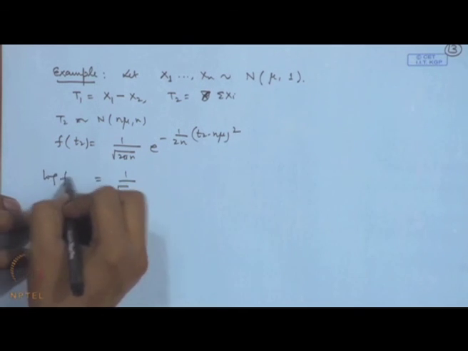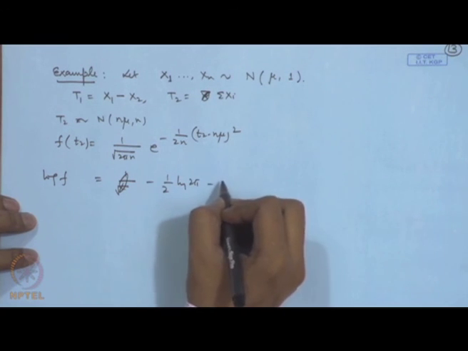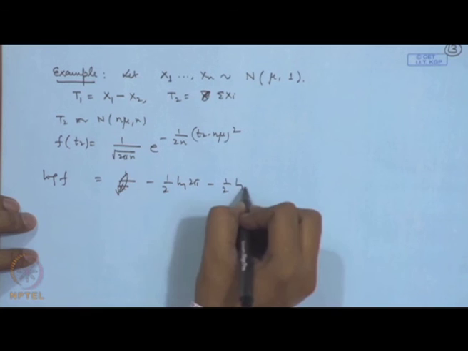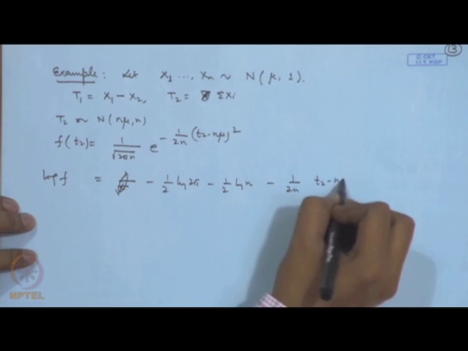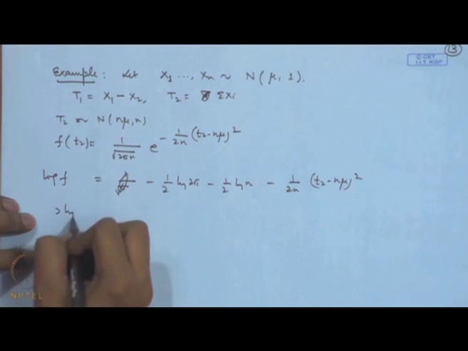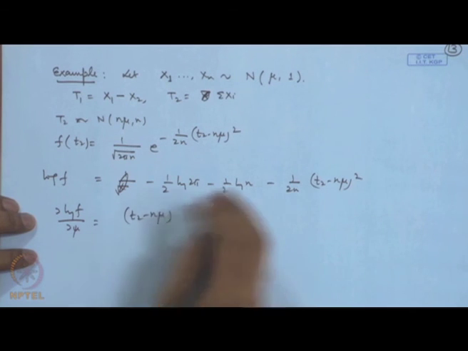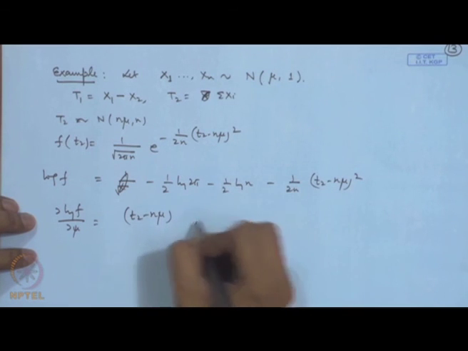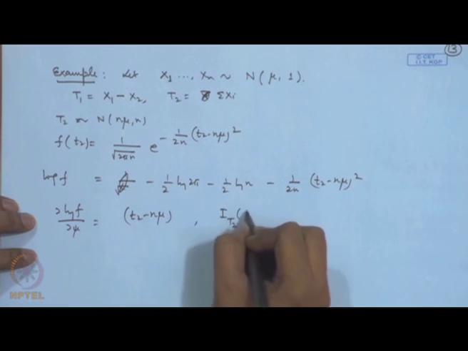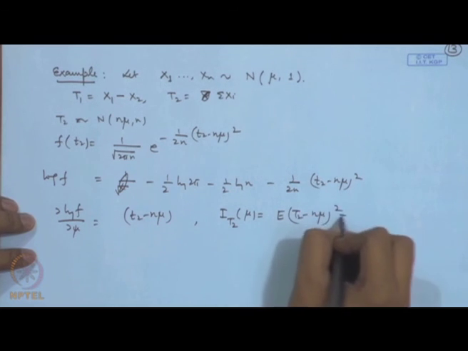If I take log of f, I get minus 1 by 2 log of 2π minus 1 by 2 log of n minus 1 by 2n (T2 minus nμ) square. So, ∂ log f by ∂μ will be equal to (T2 minus nμ) by n, because the n and 2n here will cancel out. So, if I consider information in T2, that will be equal to expectation of (T2 minus nμ) square by n square, which is equal to 1 by n... that is equal to n.